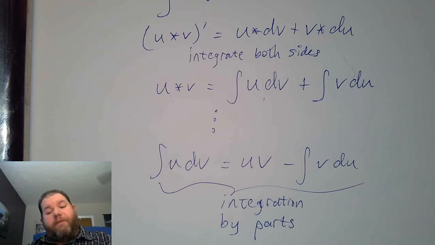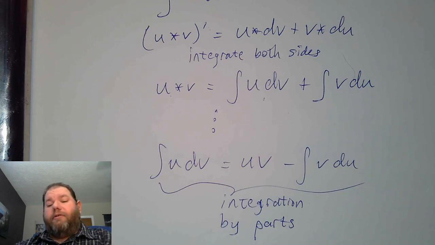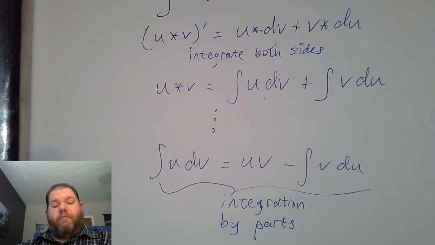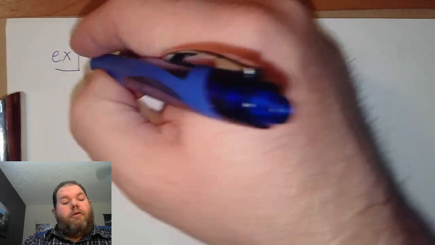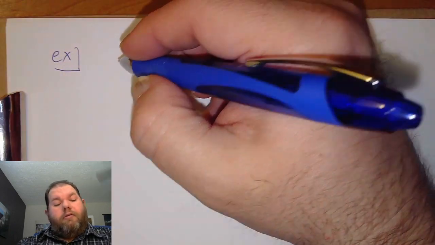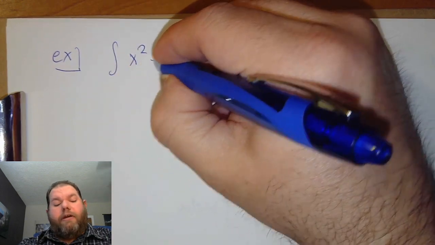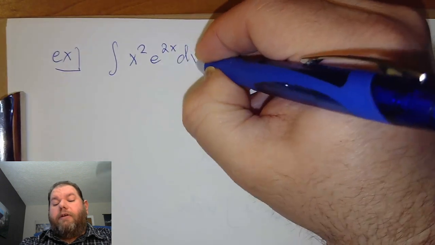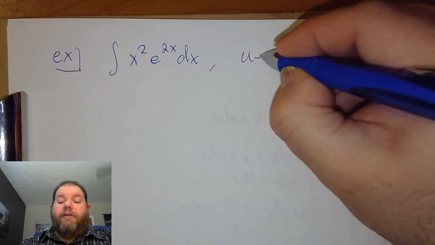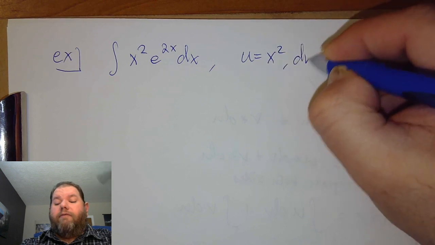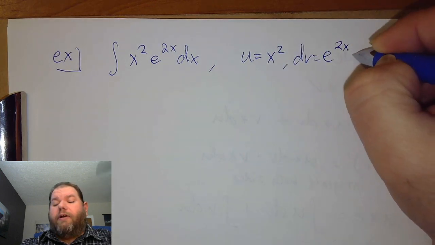So now that we have our formula for integration by parts, let's look at some of the examples that I wrote down. First, and this is the same one we already talked about a little bit, x squared times e to the 2x dx. We already said that u should be x squared and dv should be e to the 2x dx.